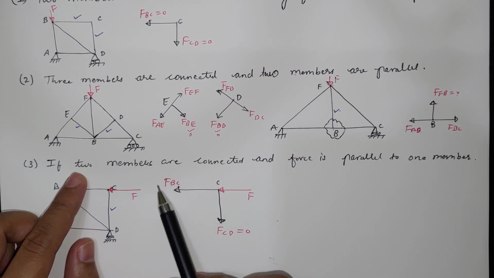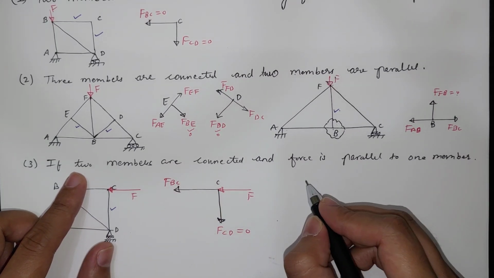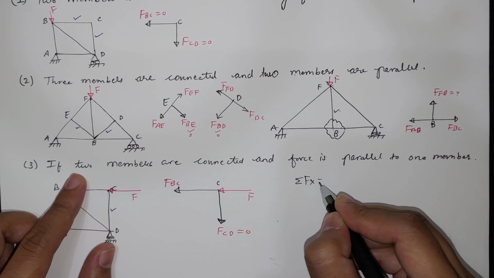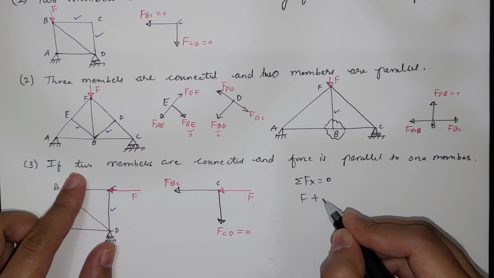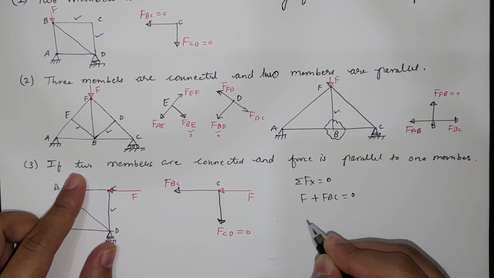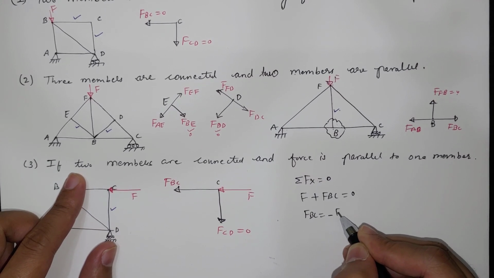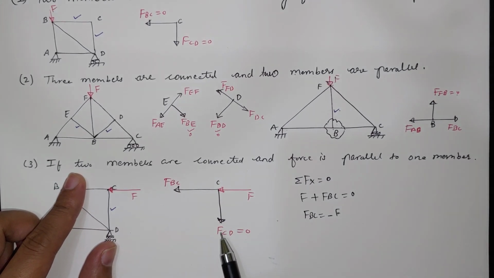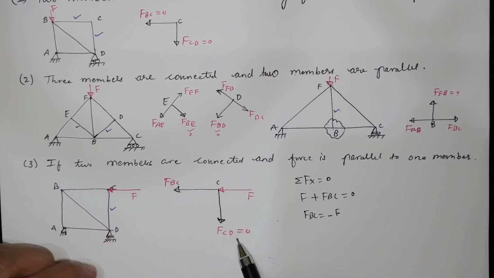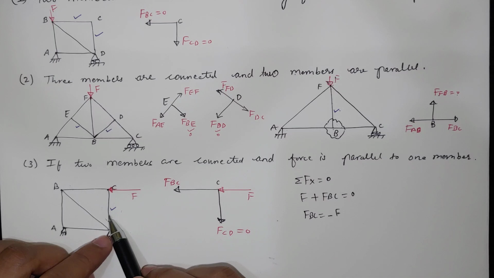Taking summation of Fx equal to 0, we get F plus FBC equal to 0, so FBC will be equal to minus F. Now if we do summation of Fy, we can directly say the force in CD will be equal to 0. So there is one zero force member in this particular case, FCD equal to 0.